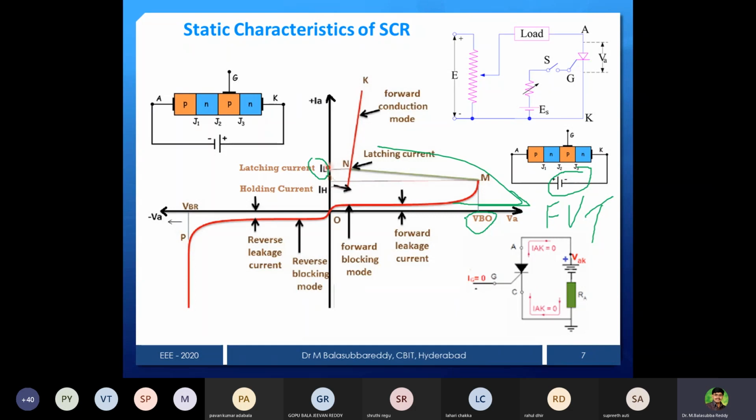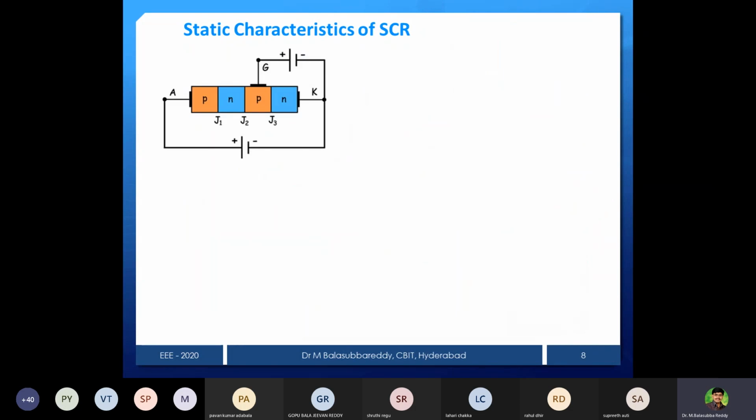To overcome this drawback, we make use of a gate terminal. What is the gate terminal? I apply the voltage across gate and cathode, and you can give some minimum voltage; VBO is not required now. Then a current will pass through the gate.